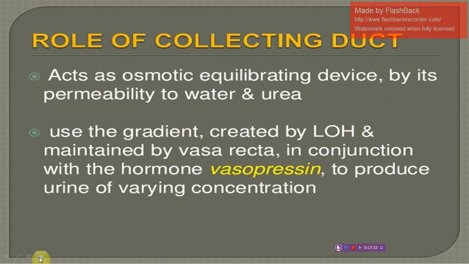And the role of the collecting duct: it acts as an osmotic equilibrating device by its permeability to water and urea. It uses the gradient created by loop of Henle and maintained by vasa recta in conjunction with the hormone vasopressin to produce urine of varying concentration.